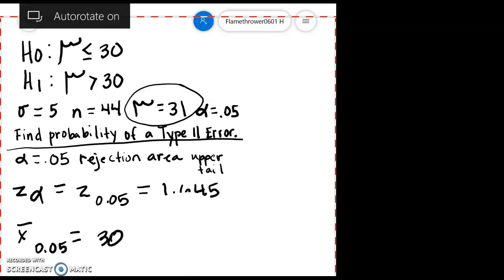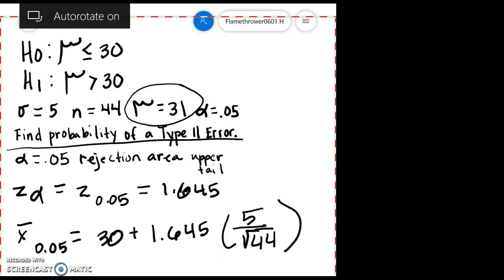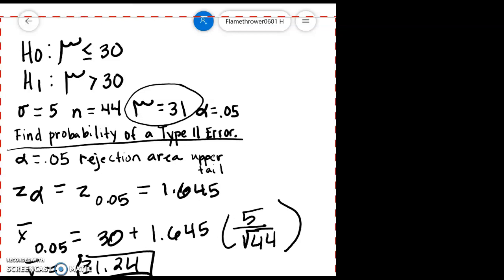I believe we did 30 plus our 1.645 times 5 over the square root of 44. And when we calculate that, we got our critical mean was 31.24. So if our sample mean is greater than this, we're going to reject it.